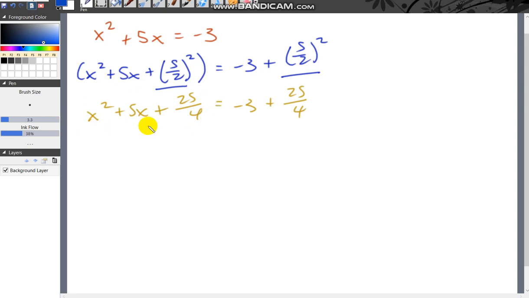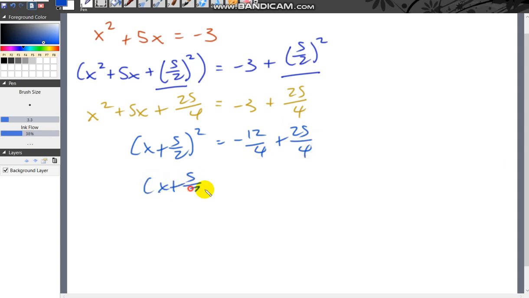So now, if some of you have seen a pattern, when we complete the square, it always breaks down to something of this form. Whatever your b term is, you're dividing it by 2. So we can change this to x plus 5 over 2 squared, and this equals, with the common denominator of 4, negative 12 divided by 4 plus 25 divided by 4.